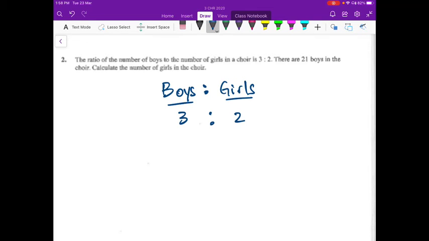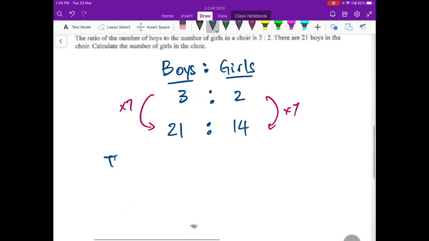Write it this way. I want to see the ratio over here. Okay, can. 3 to 2. 21 boys. So the proper way, multiply by 7 times 7. And we get 14. There are 14 girls.